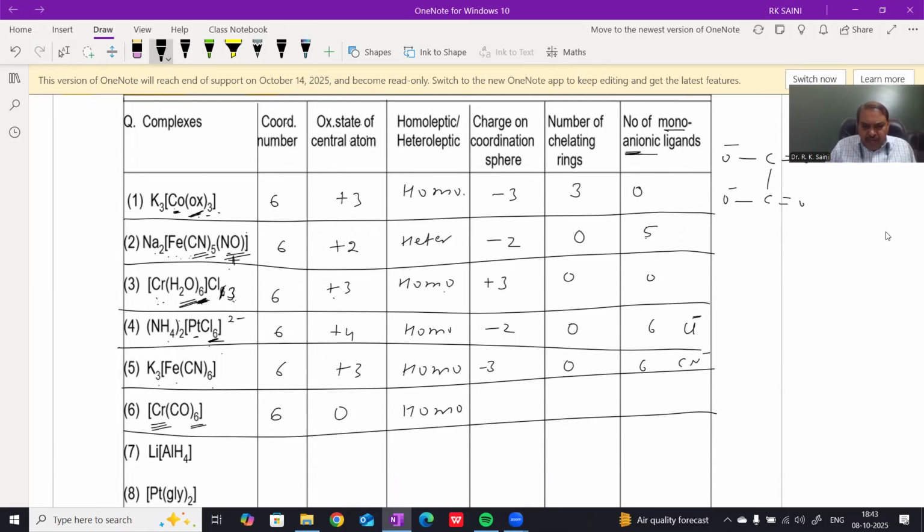Charge on the coordination sphere is 0 because of neutral ligand. Number of chelating ligands is 0 because all are monodentate, and the mono-anionic ligand is 0 because CO is a neutral ligand. Next, question 7.